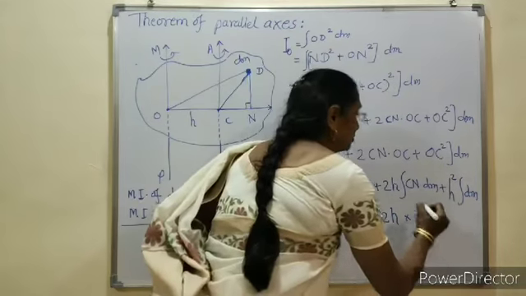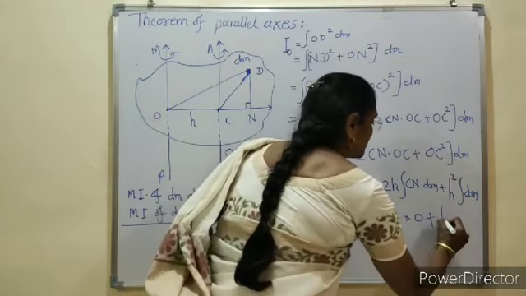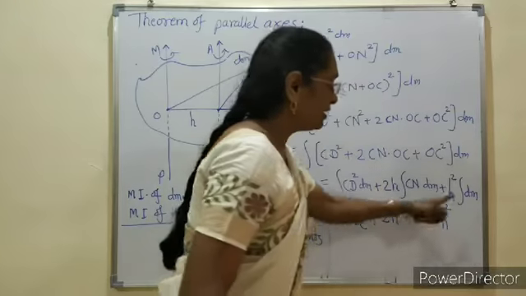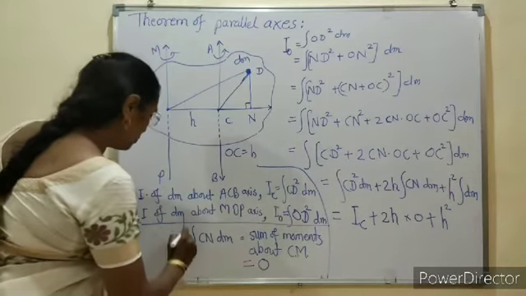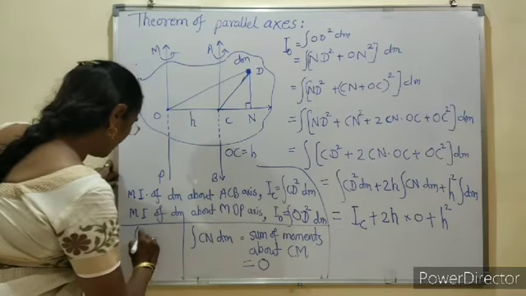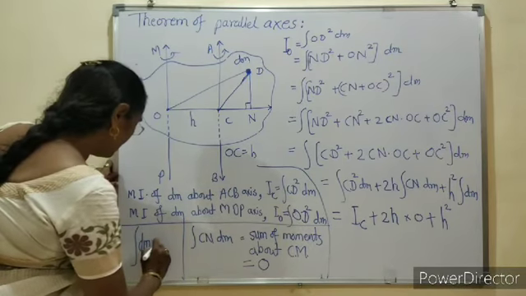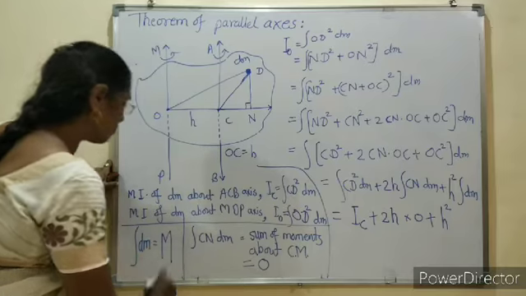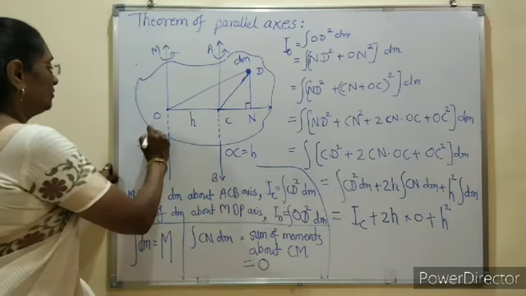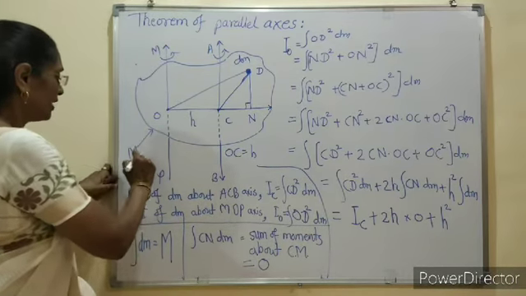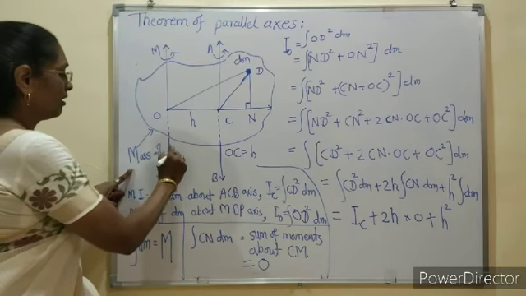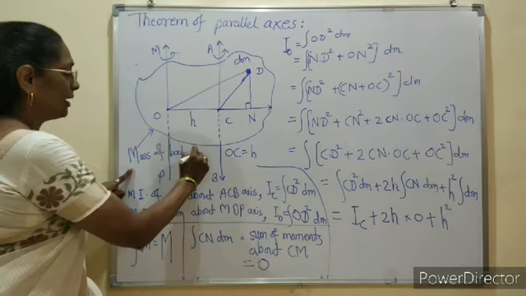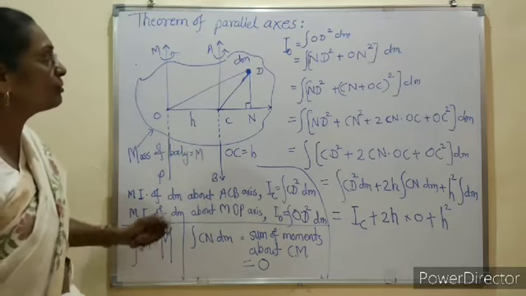Now the third term is H square and integration of dm. Here also we have to know the integration of dm is equal to the mass of the body. The mass of the body is equal to M, the total mass.